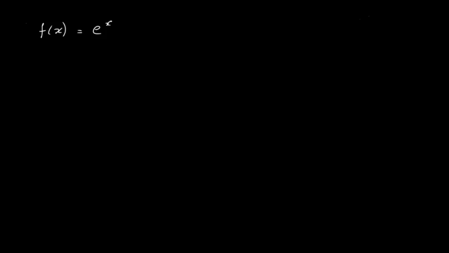So again, our formula here is the sum where n is equal to 0 to infinity, and we're going to differentiate our function n times. We're doing the Maclaurin series, so it's going to be around 0, divided by n factorial, and we're going to multiply by x to the power of n each time. So let's start with n equal to 0 for this particular function.